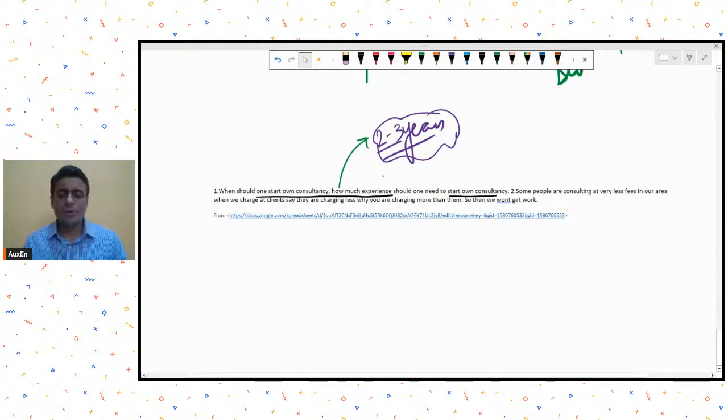Even if you face difficult situations technically or otherwise, they will be there to guide you and resolve those issues. So maybe then you might start after 1 or 2 years, but I personally think you should spend at least 2 to 3 years, even 4 years, before you start doing your own work, especially consultancy work, because people are going to come to you for advice.